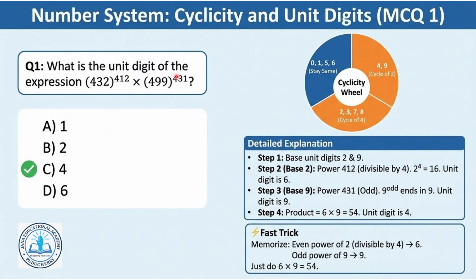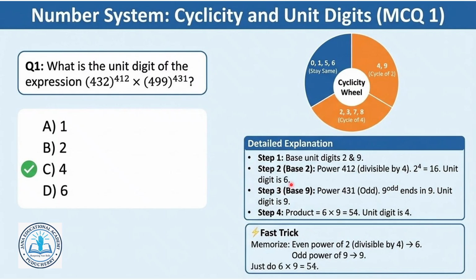So we use the power as 1 only here. Instead of 412 we used 4, since 412 is divisible by 4, so we took 2 to the power 4. Here 431 is not divisible, so use 1. So it is 9 to the power odd, so 9 to the power 1, which is nothing but 9.